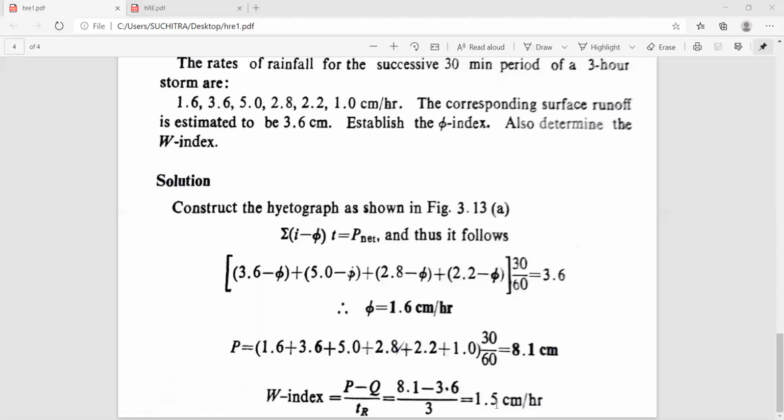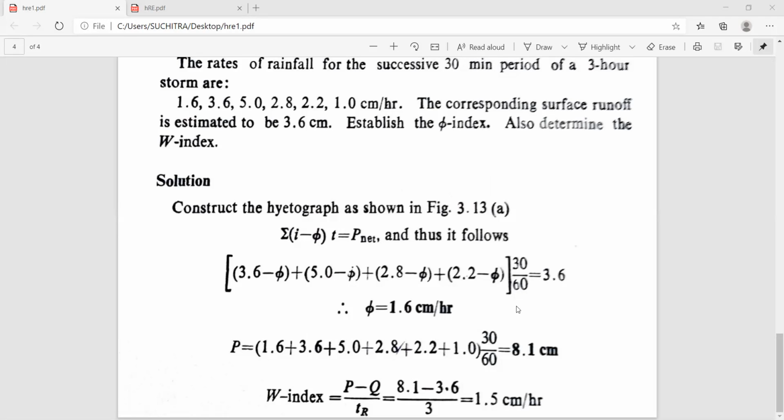Now you can see here the W index value is always less than the phi index value because in the phi index we don't consider the interception losses and depression storage, whereas in the case of the W index, we take into account the interception losses as well as the depression losses, and the effective runoff is taken into consideration.